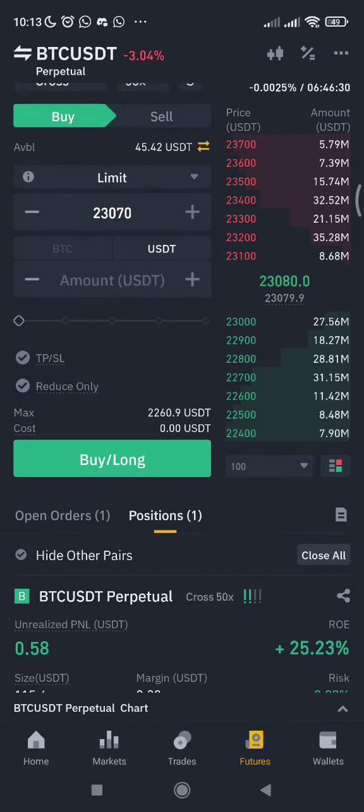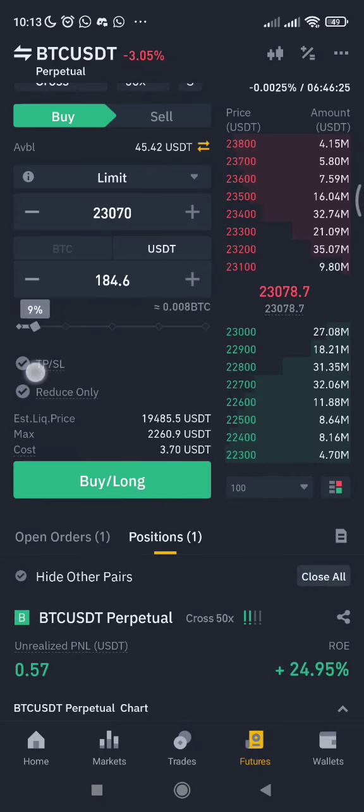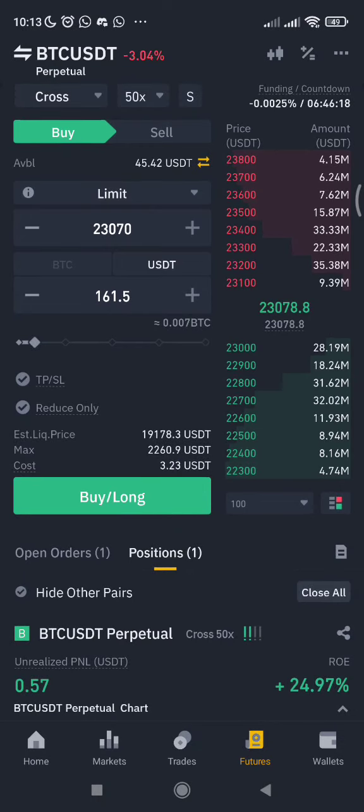Like I explained earlier, this is your margin, and this is the cost in USDT you are using. When you select your percentage, you are using it based on your risk management. Let's say 6%, the cost is $2.3 removed from your capital. See, this capital is $45 to be used from your margin.